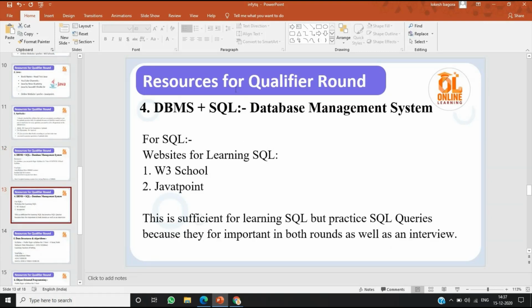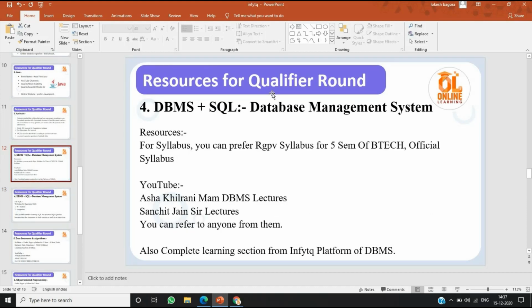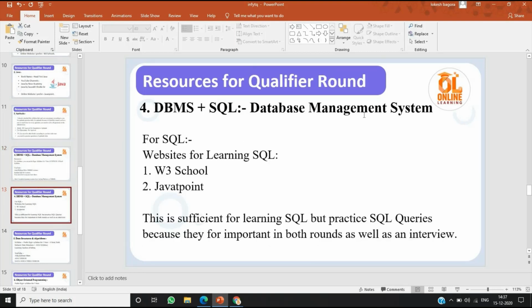Moving to the next slide, DBMS plus SQL. As I already told, for database management system you can refer to these resources. And for SQL, I prefer websites for learning SQL like W3Schools and JavaTpoint, because this is sufficient for learning SQL, and we can practice SQL queries, which are important in both rounds as well as in the interview, because they can ask you to write a query.